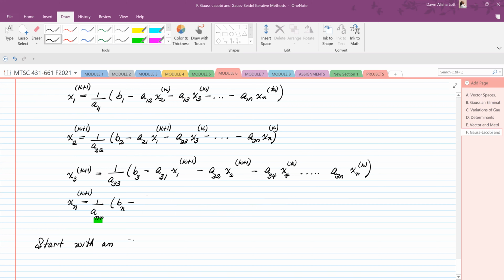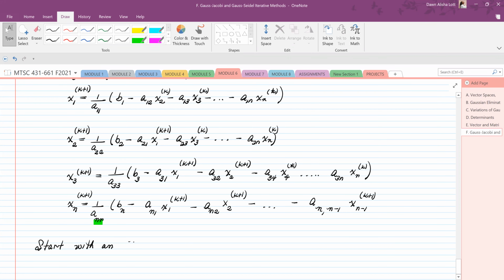So this is bn minus an1 x1 at k plus 1 minus an2 x2 at k plus 1 minus dot dot dot minus a n,n minus 1 x n minus 1 at k plus 1.